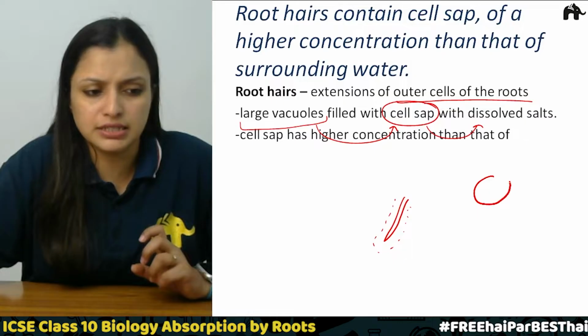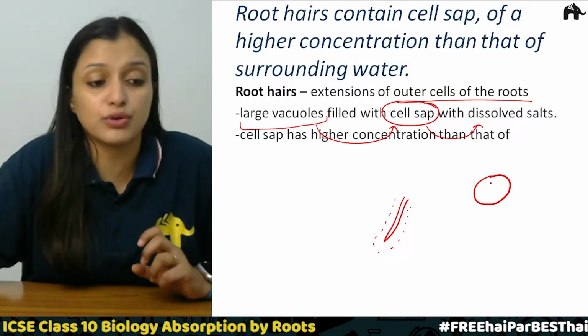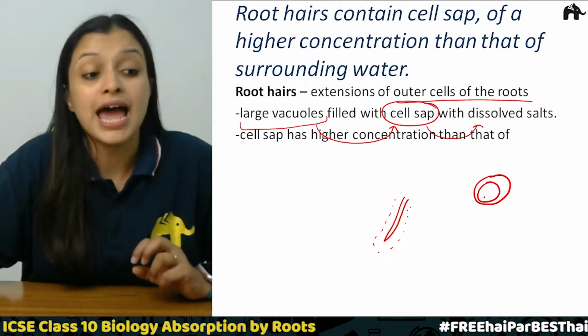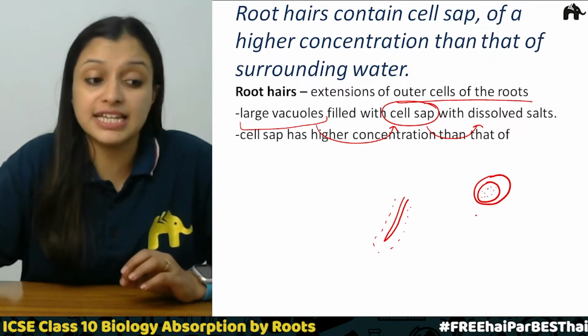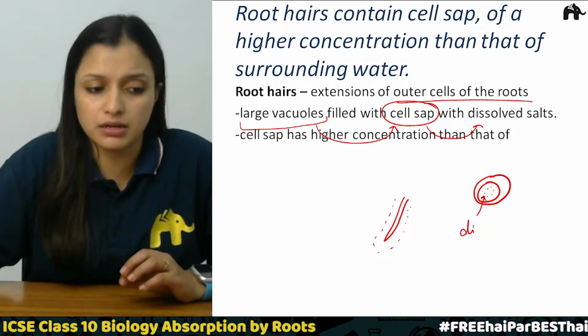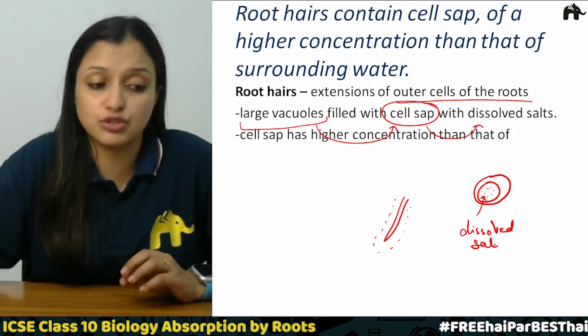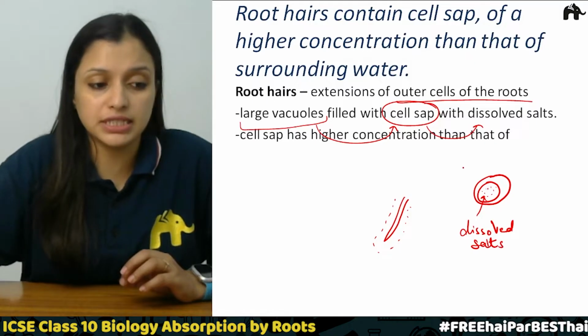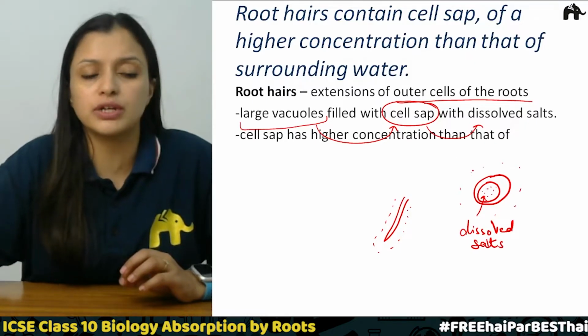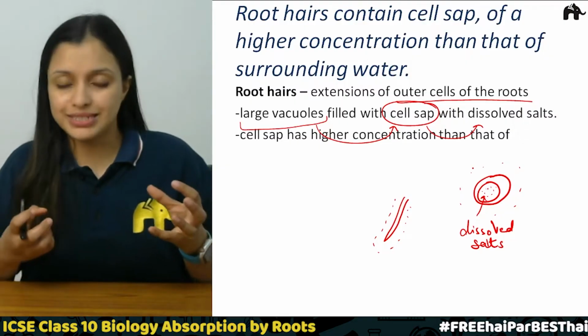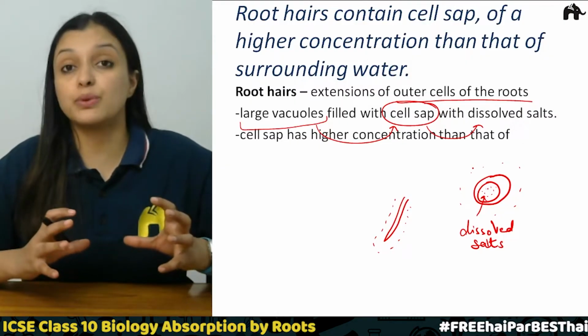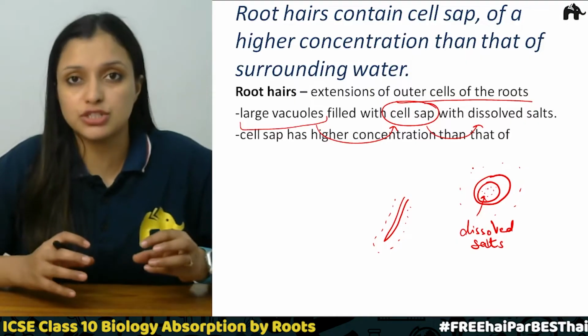So this is the cell of the root hair, and it will have a large vacuole, and in this large vacuole there will be cell sap, and this cell sap will have some dissolved salts, right? What do they have? Dissolved salts. And if we see the surrounding water, this surrounding water is just water, and the concentration of the solute is less. So this is the concept that we are going to discuss in detail in this chapter.